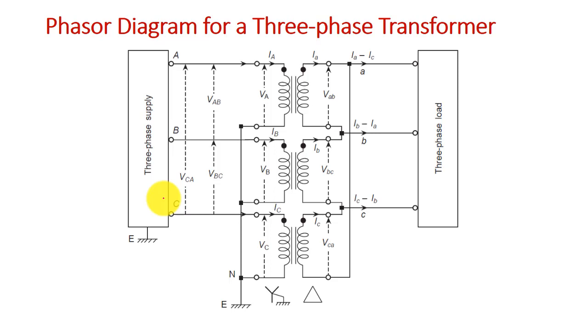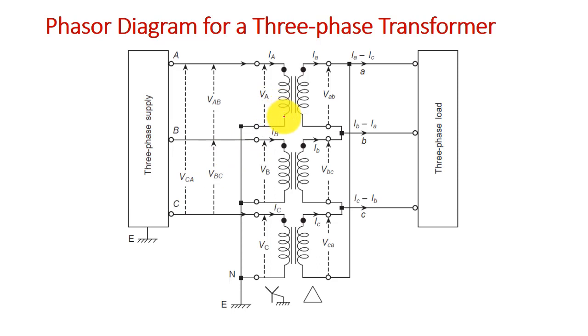In previous days, generally single phase transformers were chosen and connected together to make a three-phase transformer bank. But nowadays, because of advanced technology, a three-phase transformer in a single unit is manufactured and is in use.